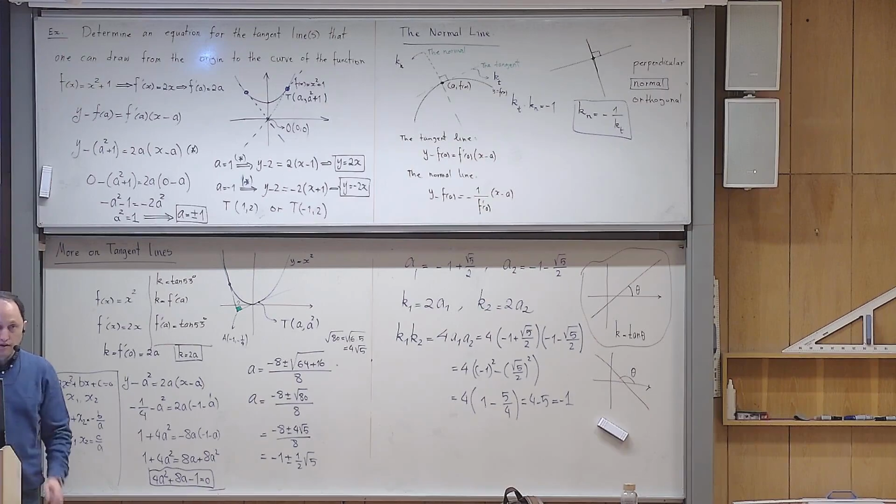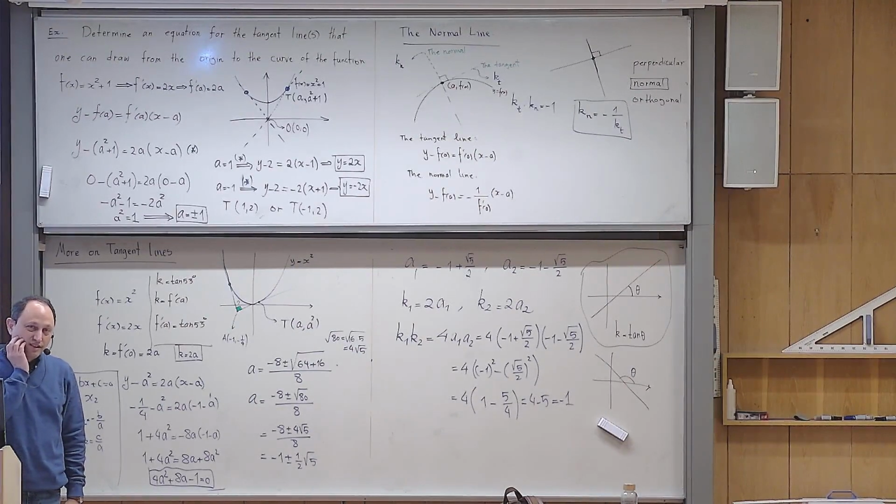Yes, please. In the case that the tangent line is more than 90 degrees, the k value, are we still able to take tangent of that angle and get an answer? That's a good question, but you haven't studied that. You will study it in the last chapter.